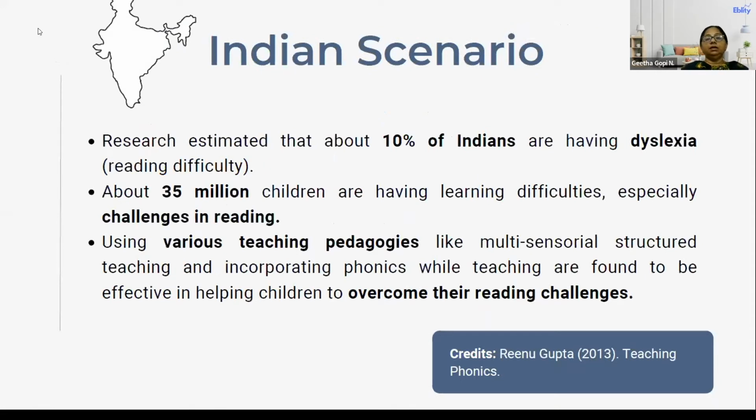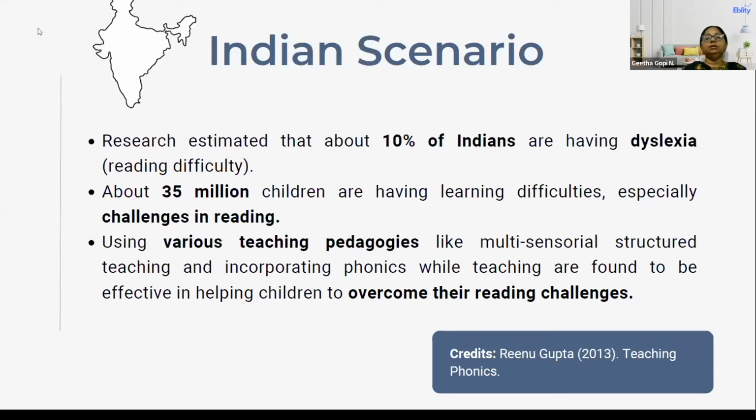If you look at the Indian scenario, 10% of Indians do have reading difficulty, and being a vast country with a huge population, about 35 million children have some kind of learning difficulties, with a major percentage of those children having problems with reading.